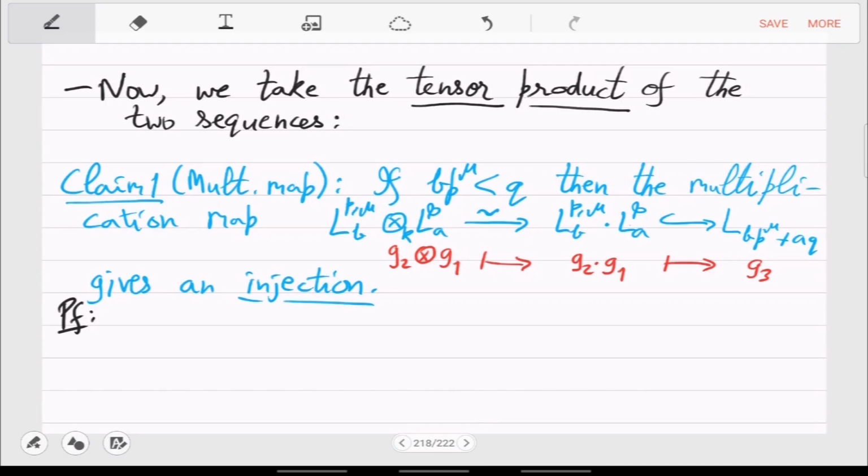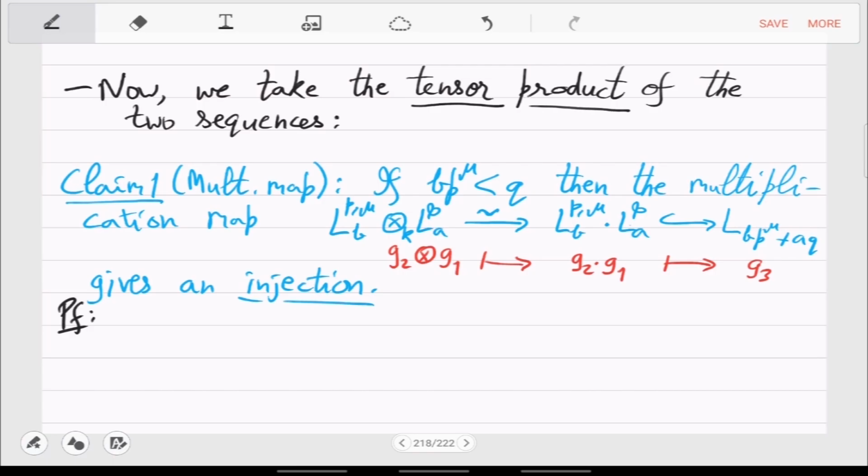As long as Q is big enough compared to BP^mu, this multiplication map takes a sum of tensor products and maps it to a sum of actual products. So now G1 G2 is just a function, and by the two sequences you can see that G1 G2 is actually a function in L(BP^mu plus AQ). I'm simply calling G1 G2 as G3.